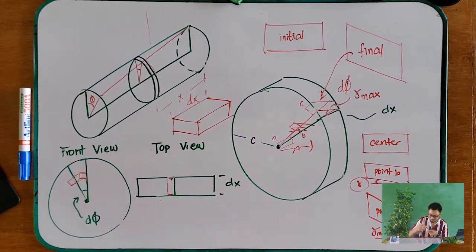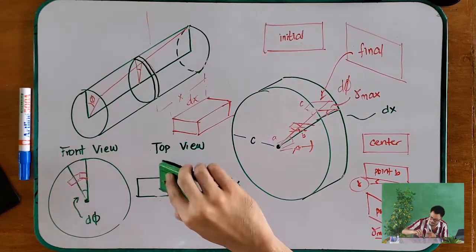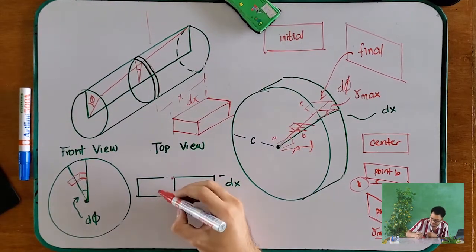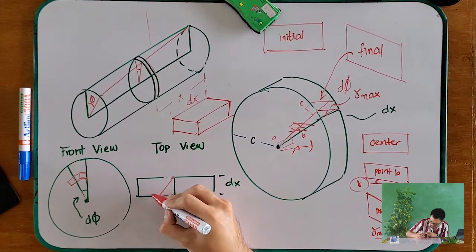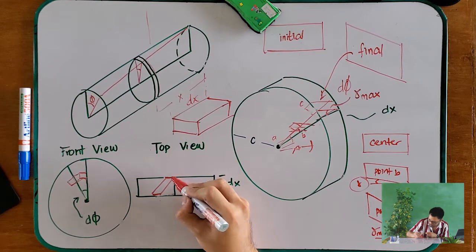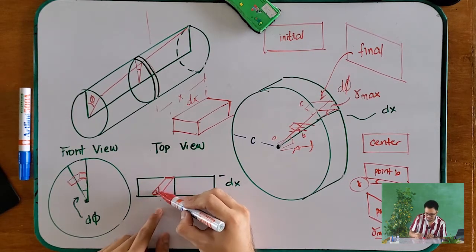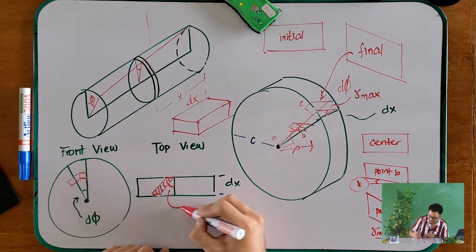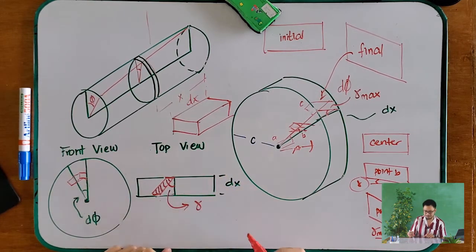But after the deformation, what happens to your rectangular element is that it becomes like this. And then, what we showed, this. Okay? And this angle right here is now your gamma.